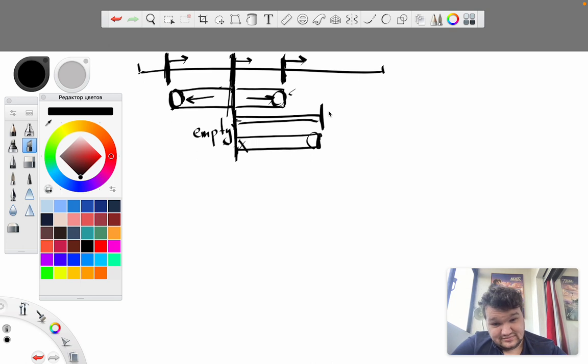So using this technique, which I think is called queue on two stacks, we can implement what is called queue with minimum.